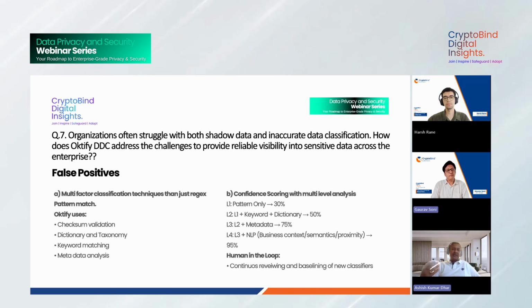So these are the ways we enhance our classification techniques. But at the end, these are all automated ways. We still have to bring in a human in the loop. We have a capability in our Optify solution where, for whatever the solution is classifying, a reviewer in the form of a business head or a data owner who is responsible for that particular data set would come and check and reclassify the data and ask us to baseline it.